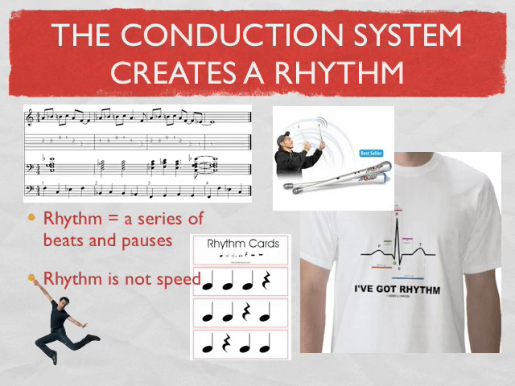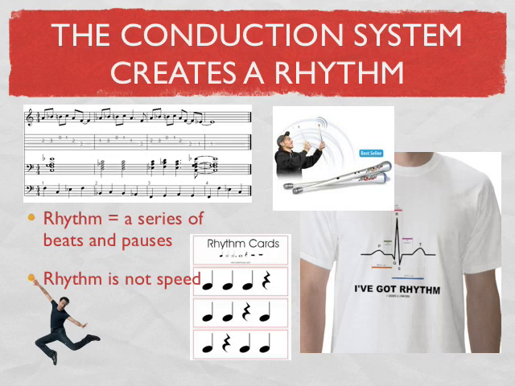If I was doing this, we can speed it up or slow it down. You can recognize that it's the same rhythm, whether it's slow or fast. It's the sequence of the claps that creates the rhythm.